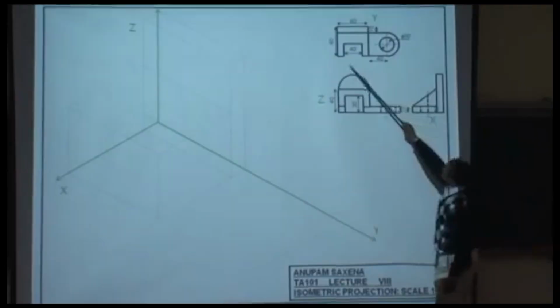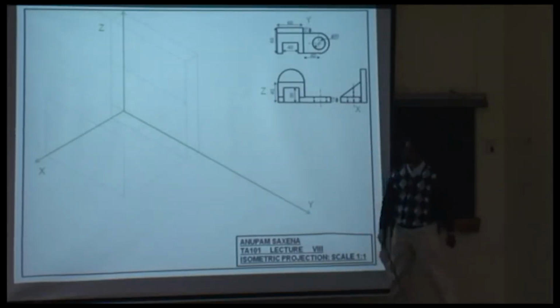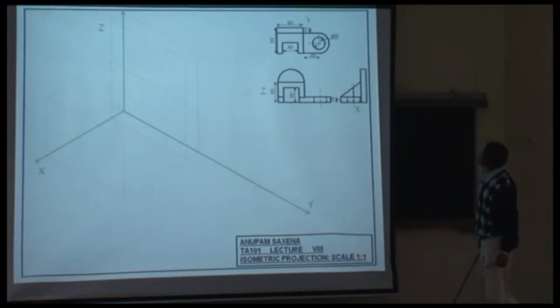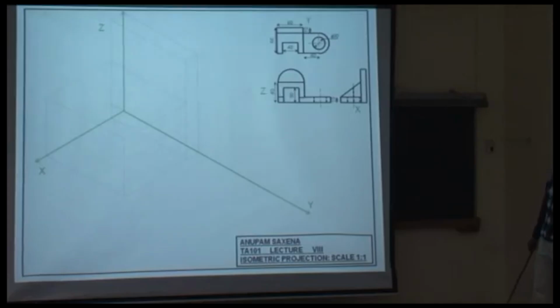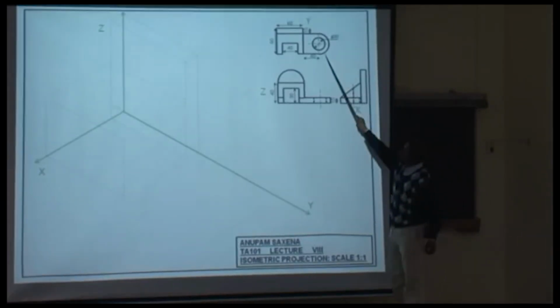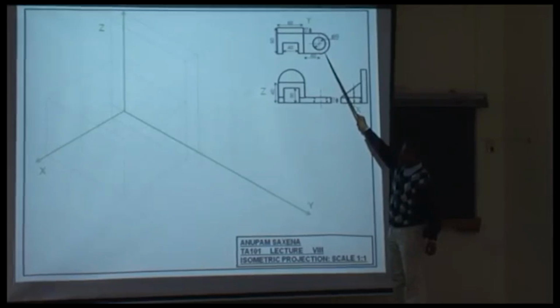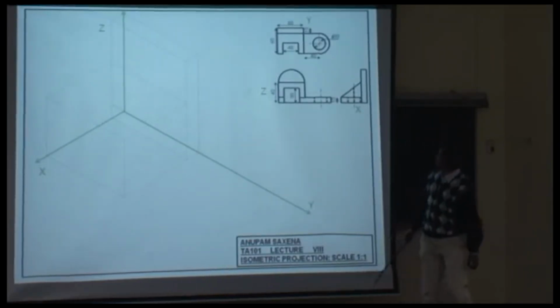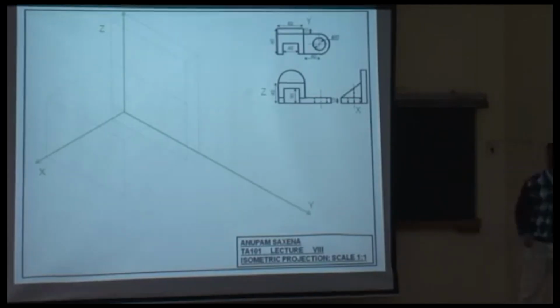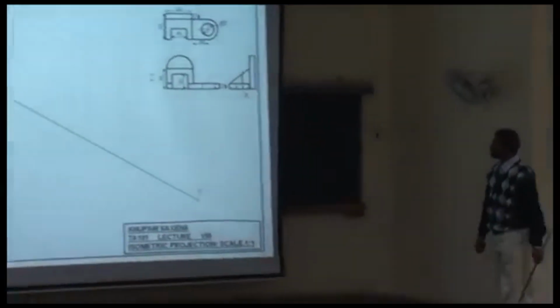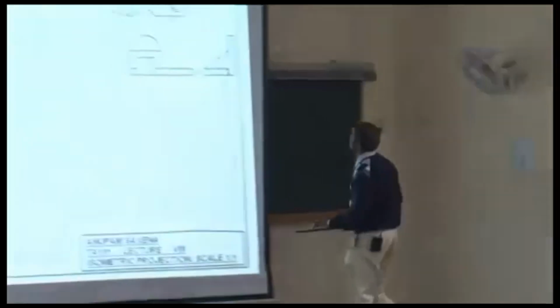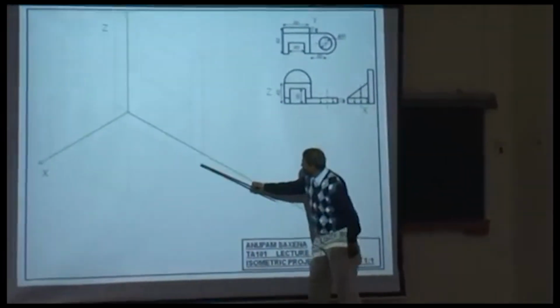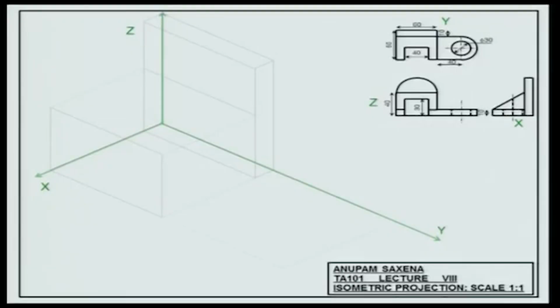I'm looking at all this length from here till here. 40 and what's the radius of this? 25. So 25 plus 40 is 65. Okay. So this would be at 65 from here maybe.